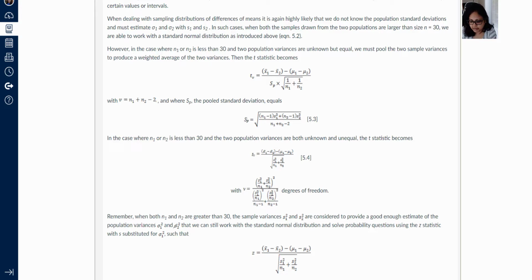But we can directly use Z if the sample sizes are large, both of them. Then we don't have to use T, we can use Z, with the sample means, the population means, and their standard deviations.